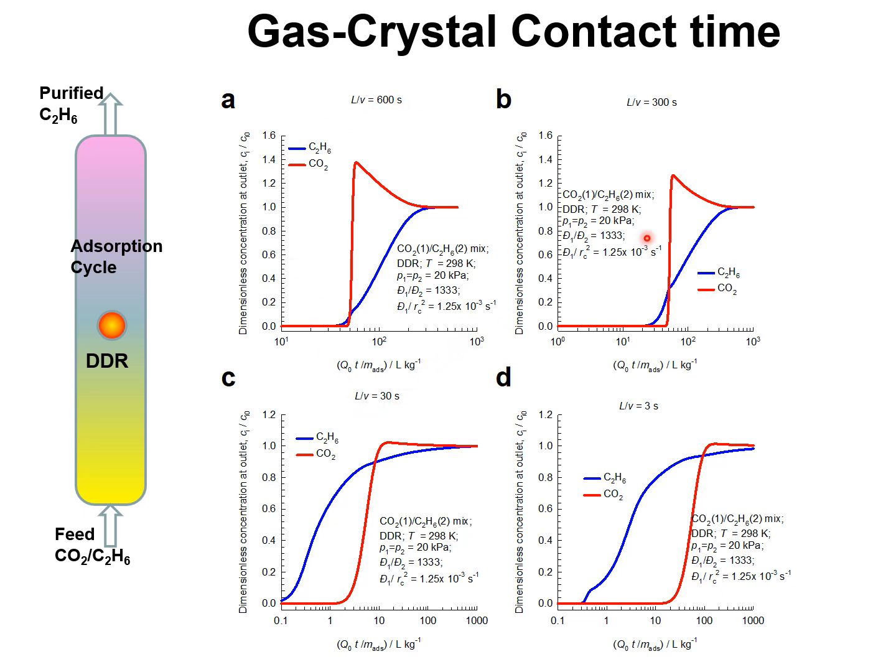In this case, the contact time is 300 seconds. This is 30 seconds, and it's 3 seconds. So with increasing superficial gas velocities and increasing interstitial gas velocities, we have decreasing contact times. Let's look at the scenario in which the contact time is 600 seconds.